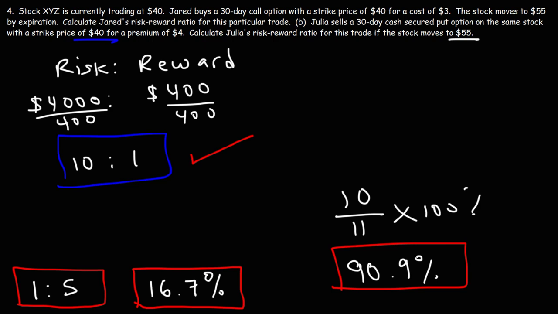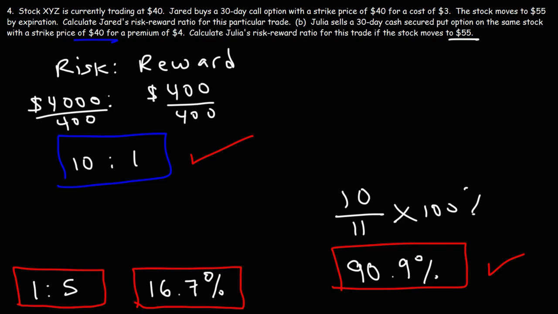So that's an example of selling options. You're risking a lot to make a little, but there's a very high chance that you'll win, which means you need to make many trades over time in order for this to be profitable, because the reward is usually pretty small. So hopefully that helped you to understand the concept of the risk-reward ratio and how it applies to options.